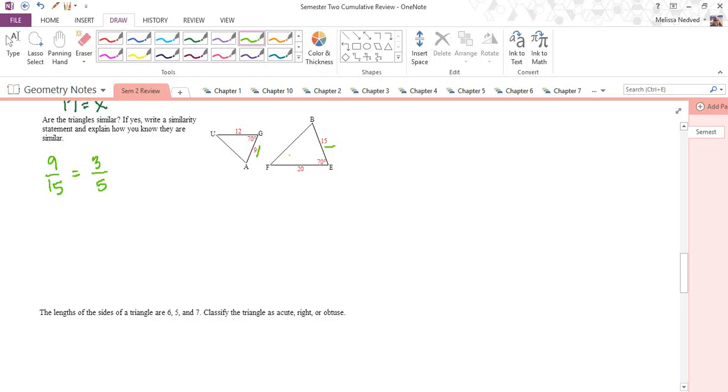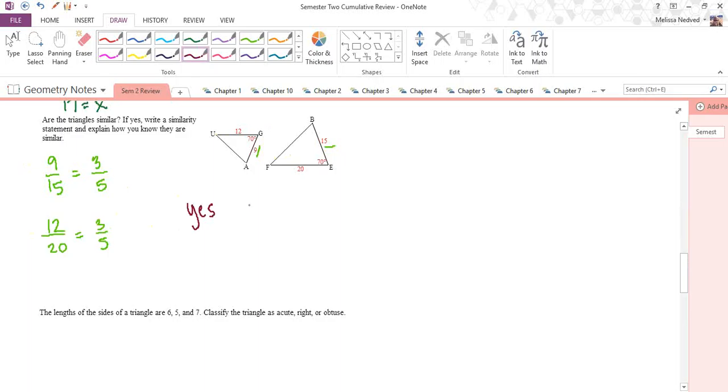So that means that if I'm looking at this shorter leg of those two triangles, there's a ratio there of 3 to 5. We need to check if the longer leg also has that same ratio. So since I picked the left triangle to be on top for the first one, I need to be consistent. 12 over 20, and each can be divided by 4, end up with 3 over 5. Since that ratio is the same from the smaller side to the larger side, I can now say that my triangles are similar by the side angle side similarity postulate.